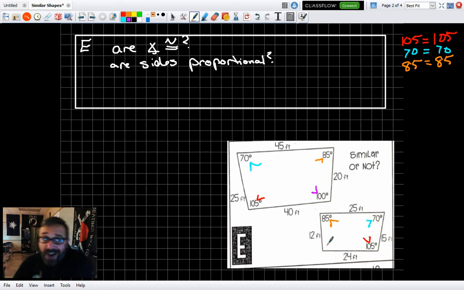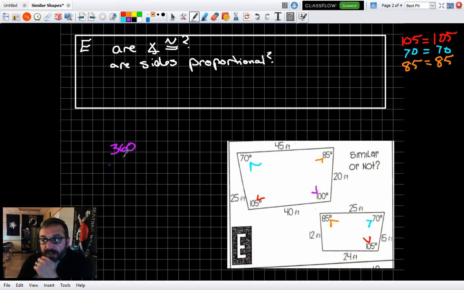Okay, side quest. How many degrees are in a quadrilateral? On the inside angles. If you add all the angles up, how many degrees are in a quadrilateral? Did you say 360? It's 360. So that means if I have 360 degrees to give, I'm going to subtract these.